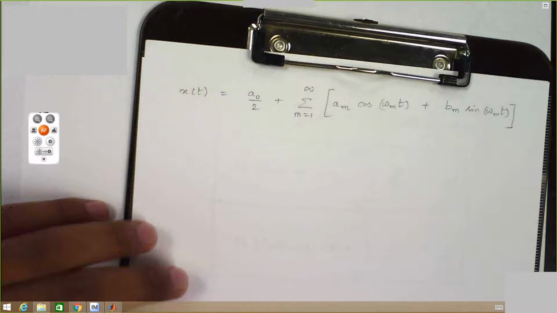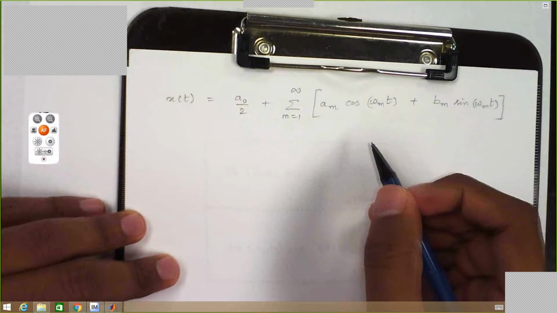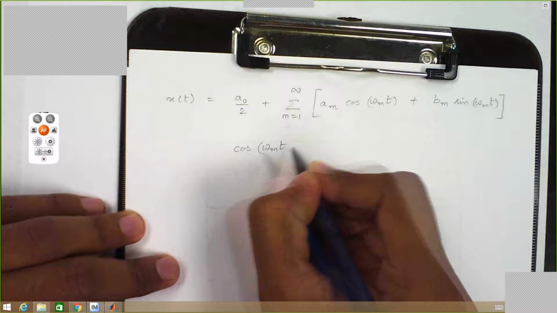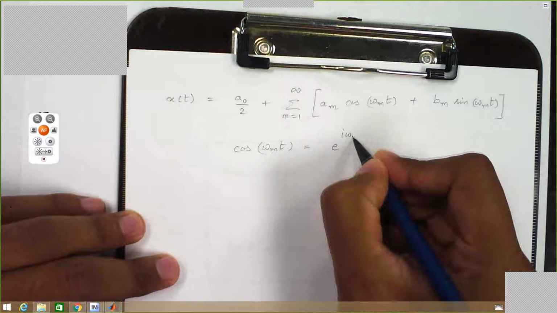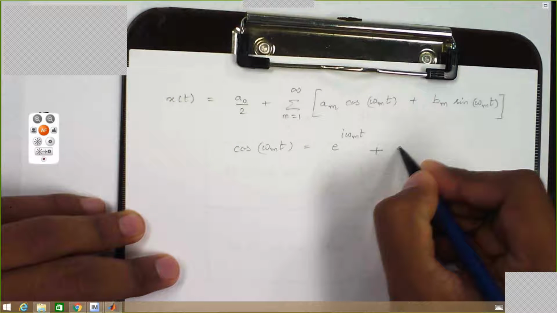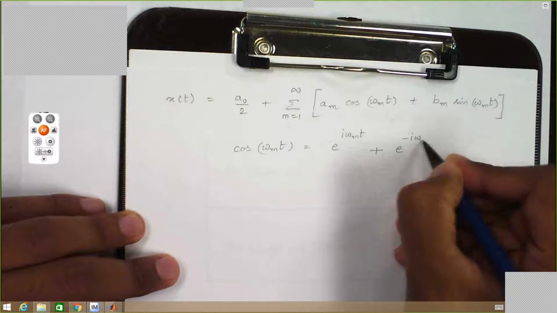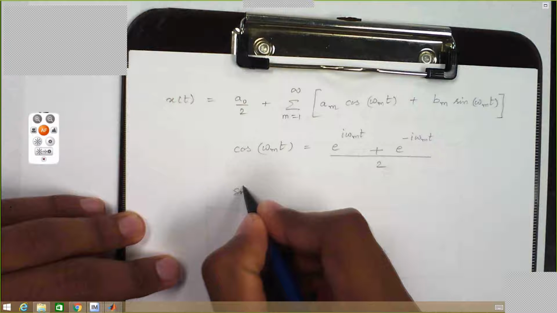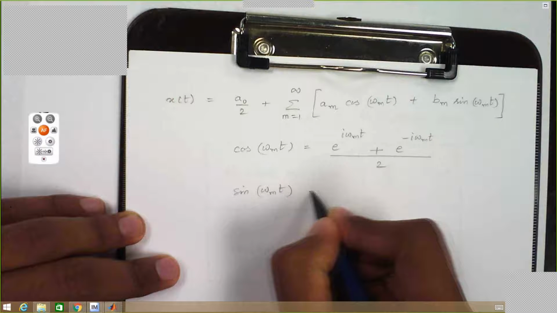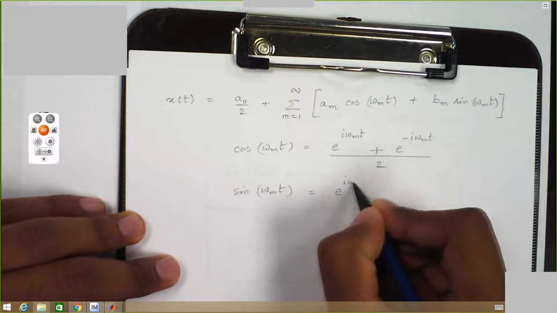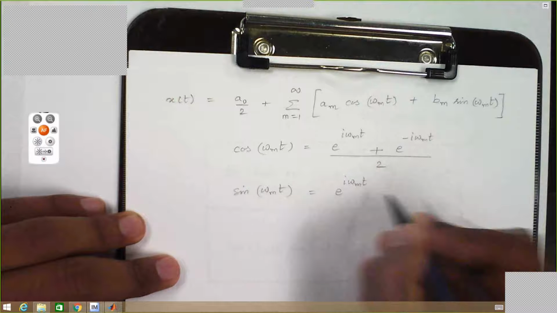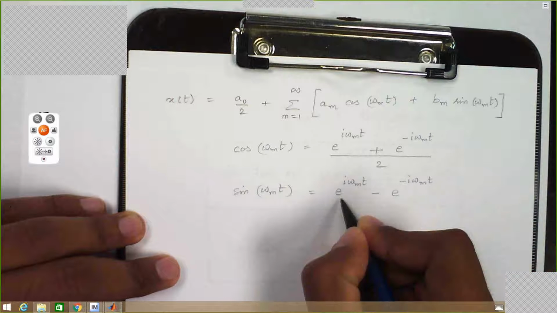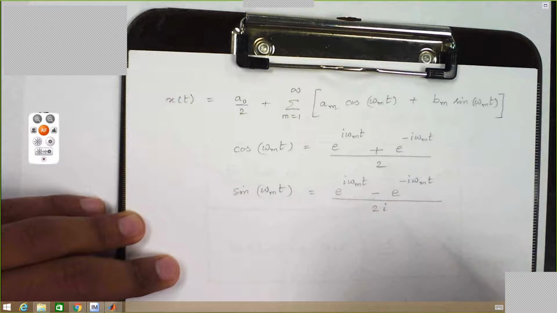Alright, cool. Okay, so now let's put in our complex form. So we had cosine of omega m t given by e to the power i omega m t plus e to the power minus i omega m t over 2. And we had sine of omega m t given by e to the power i omega m t minus e to the power minus i omega m t divided by 2 times i.